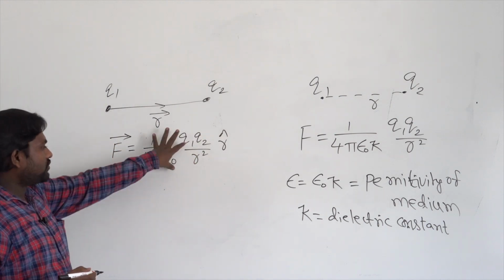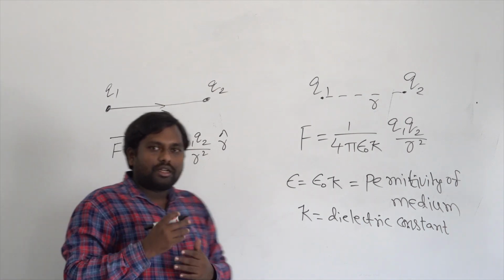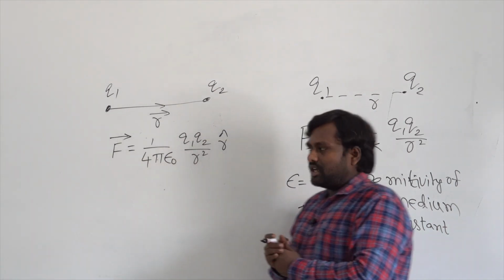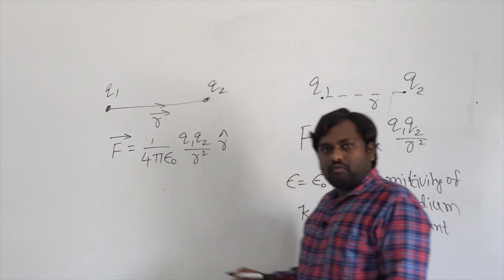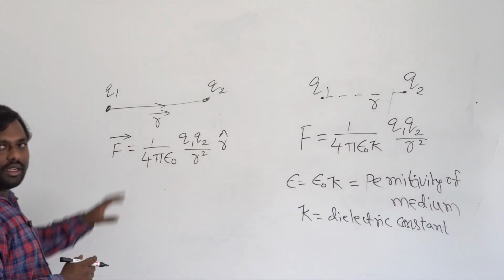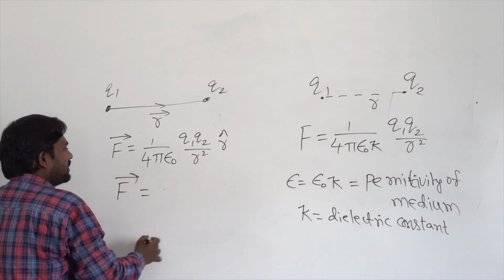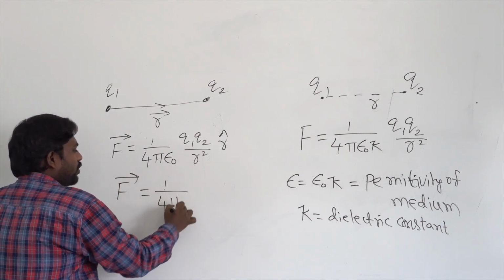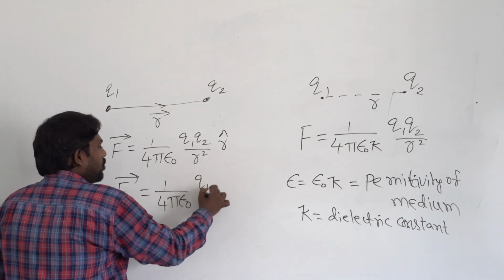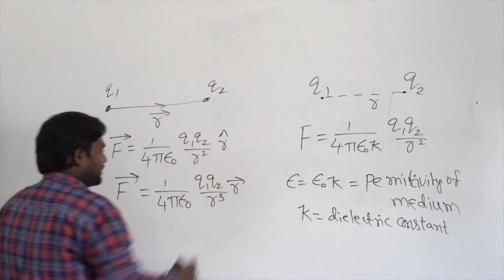When we multiply this value with the unit vector, magnitude is not getting changed, but we are adding direction. So now this is the force acting on q2 due to the presence of q1 in vector form. We can also write this expression as F bar is equal to 1 by 4 pi epsilon naught q1 q2 by r cube into r vector.